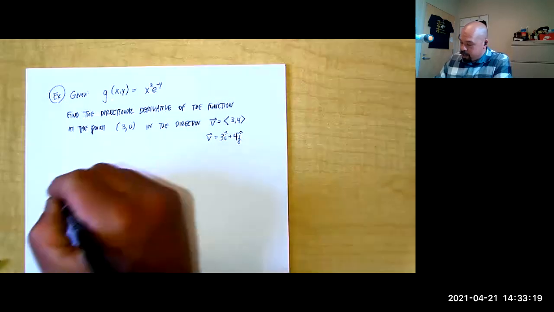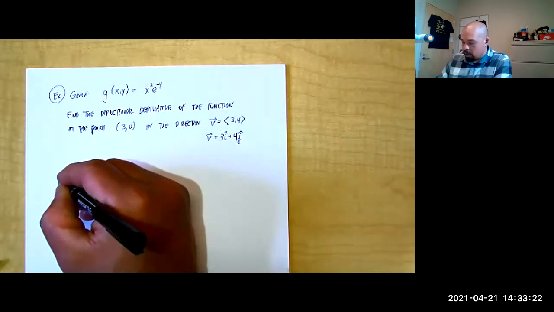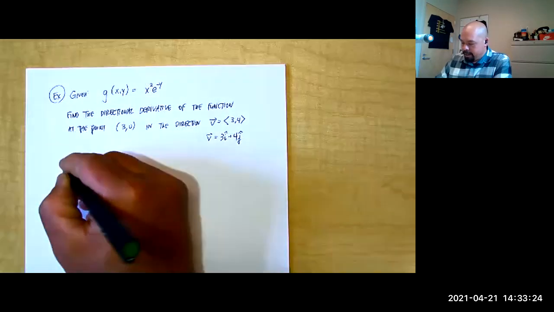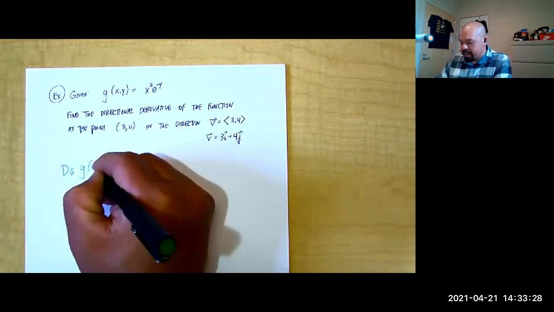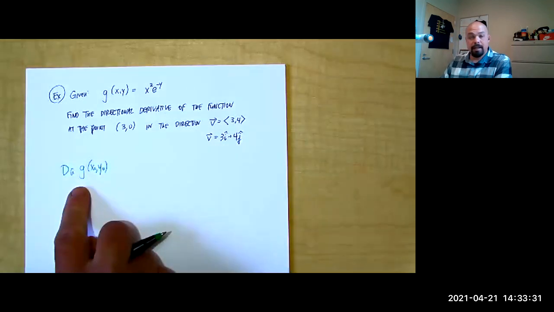So from our information, overall, you have now our function g of x naught, y naught.